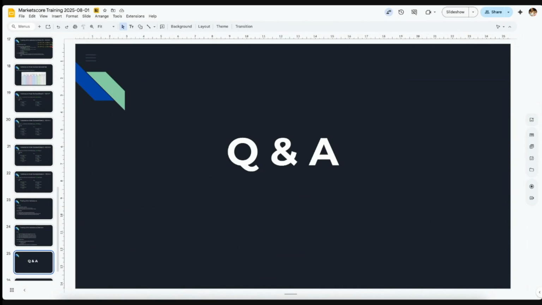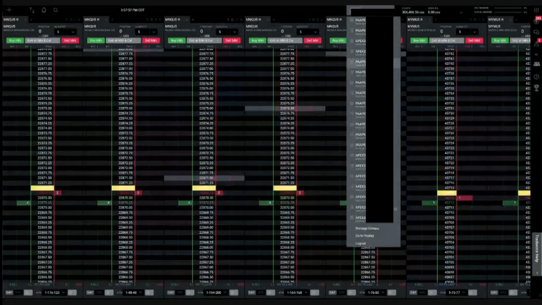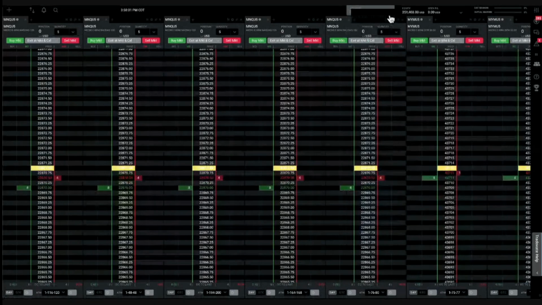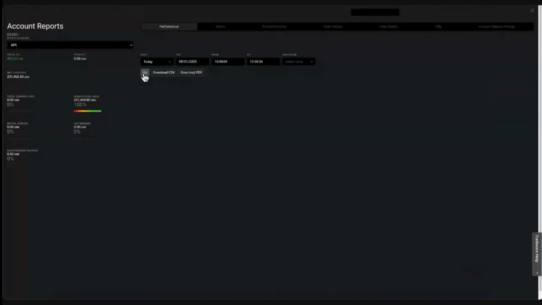Oh, I should say, let me do something really quick. I have to switch to this account. No, not that account, this account. So this is the profit that this account made today, just off the models.